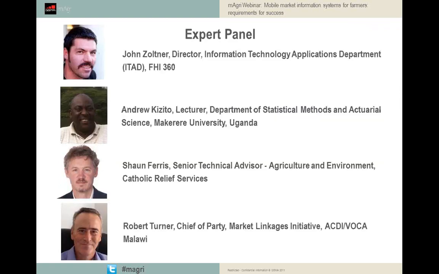So to present all these agenda items, we're excited to have a panel of mobile MIS experts from around the world, starting with Shawn Zoltner. He's the Director of the Information Technology Applications Department at FHI 360. Again, these are the guys who run the FACET program. For the University, we have Andrew Kizito, who is a lecturer at the Department of Statistical Methods and Actuarial Sciences.